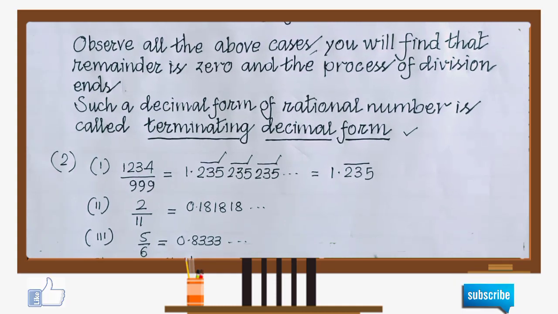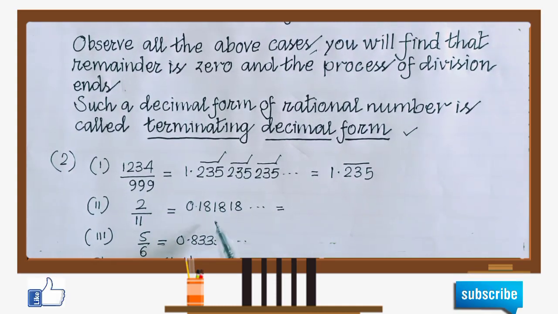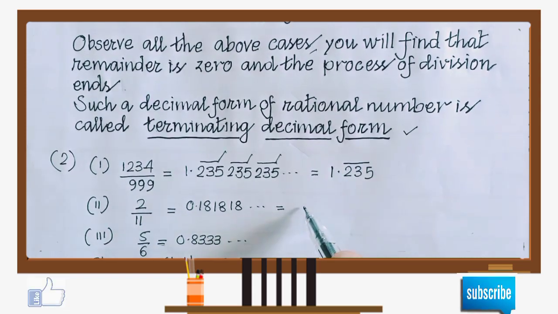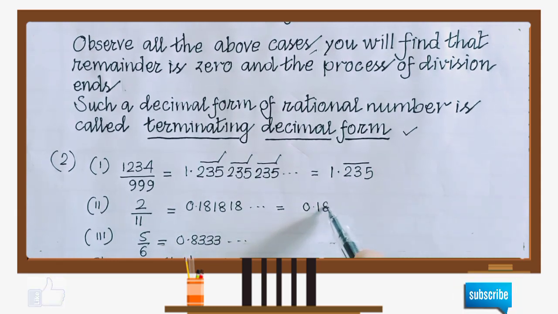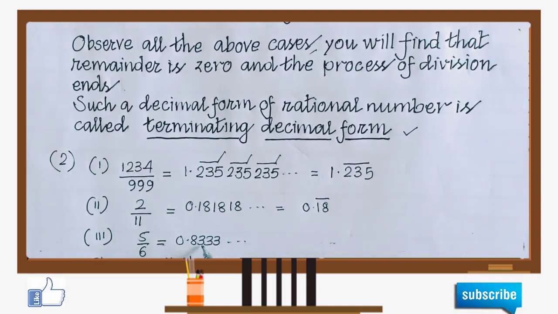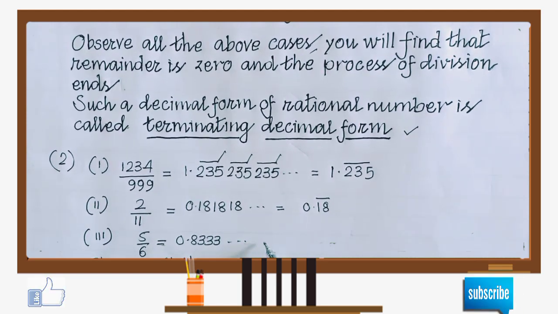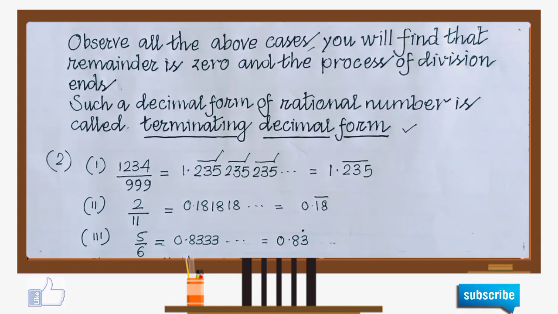This is called non-terminating. In the second case also, you are seeing here 1818, it is repeating, so it will be 0.18, means you give here a bar. Here this number is repeating, means there is no remainder 0, so it is equal to 0.83, you give here a point.